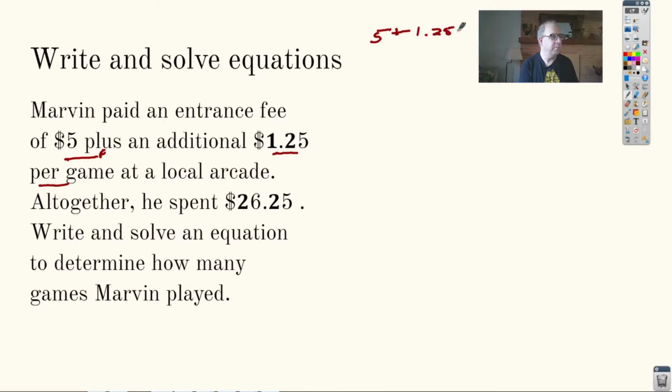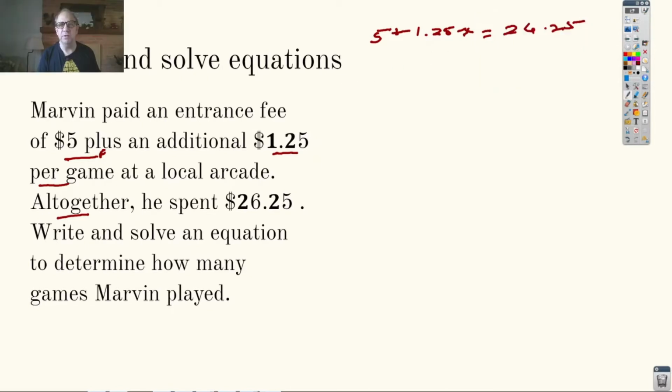It's $1.25 times each game. Altogether, he spent $26.25. So if I add all of the games plus the $5 entrance fee, the total was $26.25. He's playing a bunch of games at $1.25 a game plus the $5 he started with, and that equals $26.25.